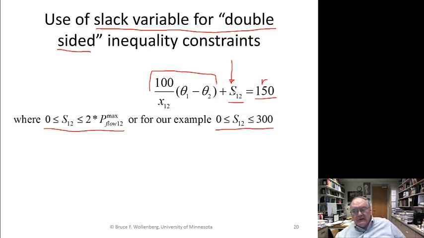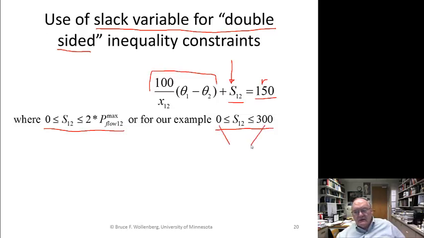If the value is 0, then we know that the flow is up against the 150 constraint, because that would say 150 plus 0 equals this. If this is 300, that means this one is now up against the minus: negative 150 plus 300 equals 150. So these are not explicit constraints.